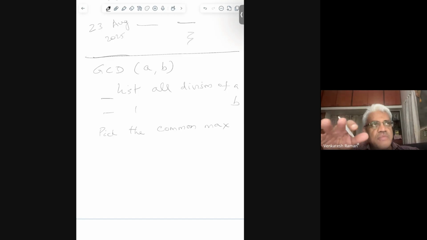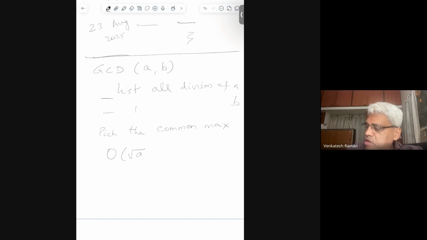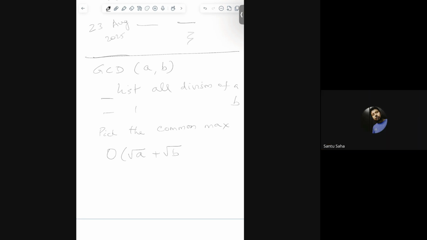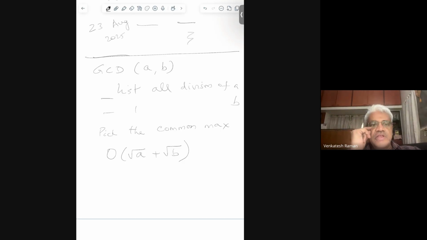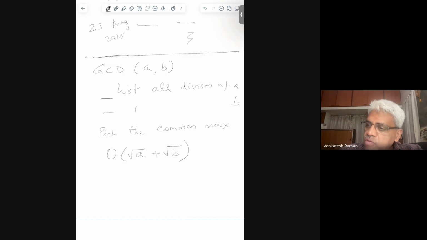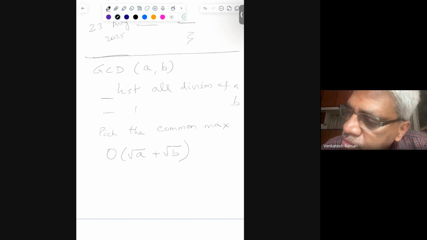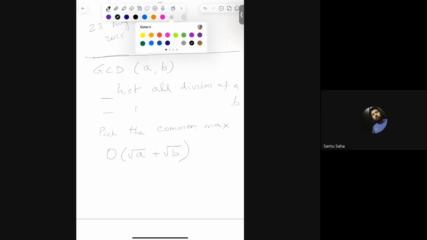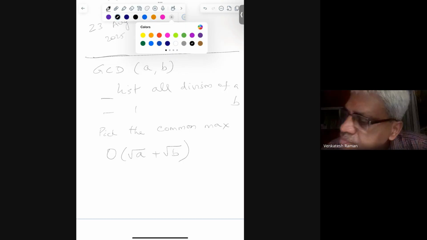So it will be order square root of A plus square root of B. This will be the complexity of this algorithm. Here we are taking the total number of divisions.